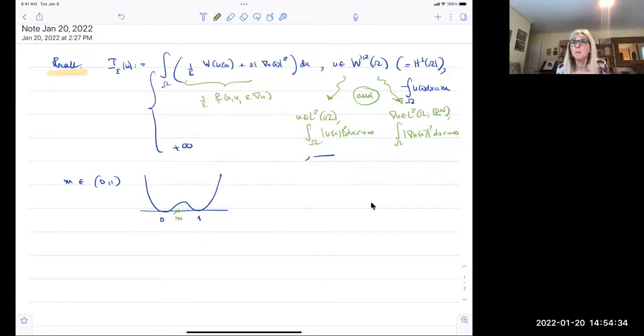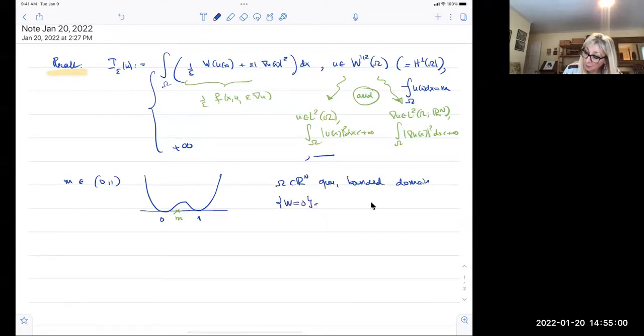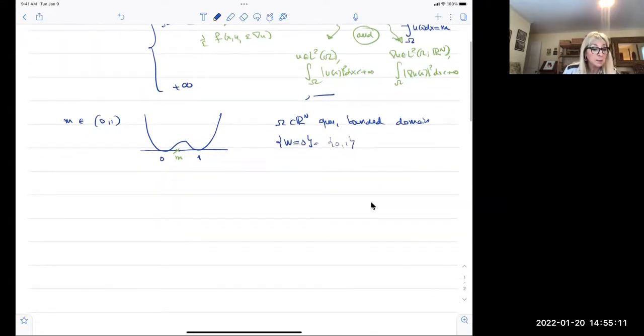By fixing that, I'm forcing that I'll need to have a mixture. I cannot have just zeros and just ones. I'll need to actually have both zeros and ones. And as before, omega here is an open bounded domain. And so the set of zeros of W is 0 and 1. Again, this could be more general than that. You could have finitely many zeros, not necessarily 2, but let's keep it simple. Let's keep it to 2.